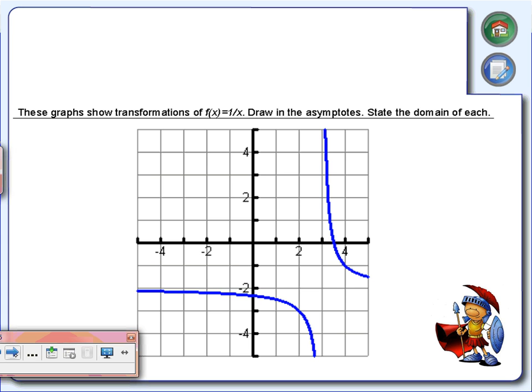All right, I'm going to call somebody up here to draw me the asymptotes, so be ready, and then I'll ask somebody else to give me the equations for those two asymptotes, and then I'll get a third person up here to give me the domain for this graph.